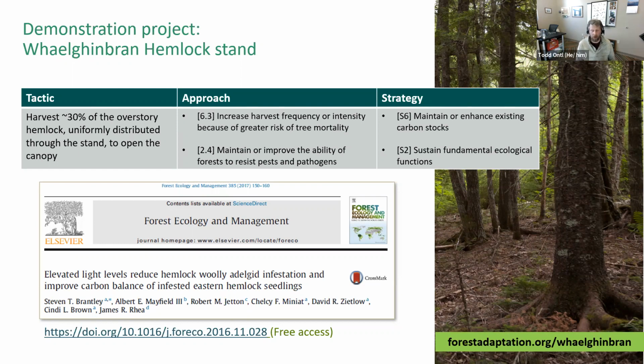And it was done in response to this recognition that they likely needed to do something proactive to mitigate the probable impacts of the insect. And just looking around at what their options were, this Brantley et al. paper presented them with an interesting option. Yeah, absolutely.